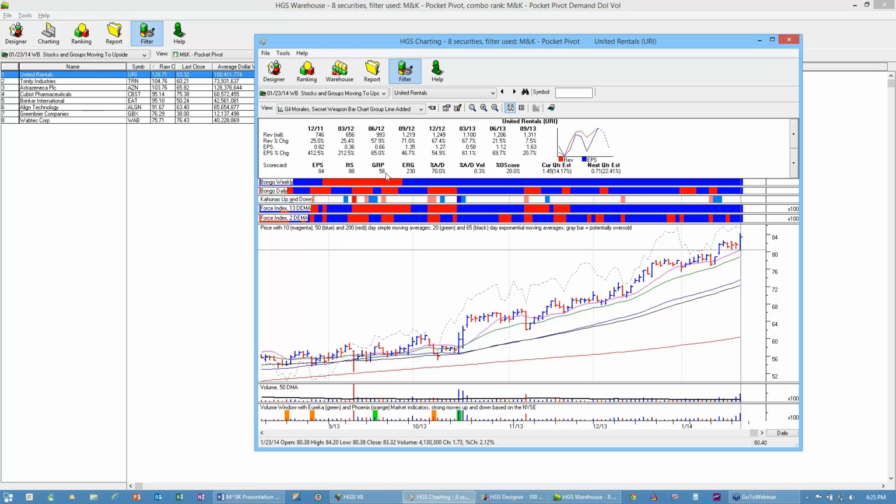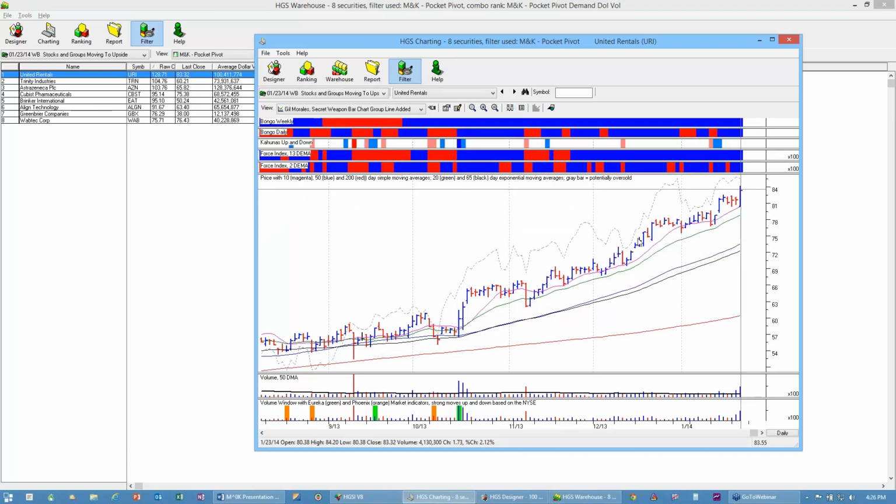But just because it's 58, as in this instance, it doesn't mean that the group is not moving. You can see that the group has been moving, and that's why it's always good to have a group line in a chart, or have a chart where you can refer to the group line. It just gives you a very good feel for what's going on.